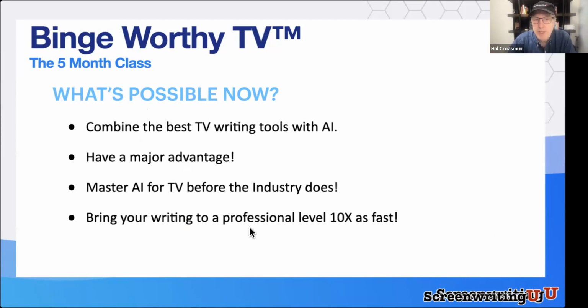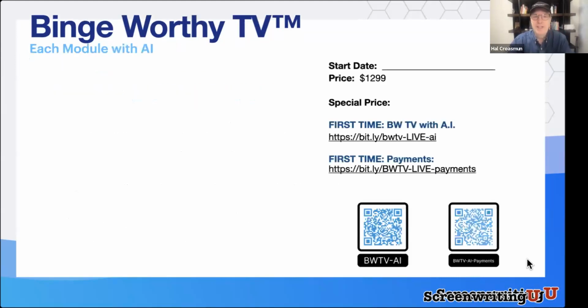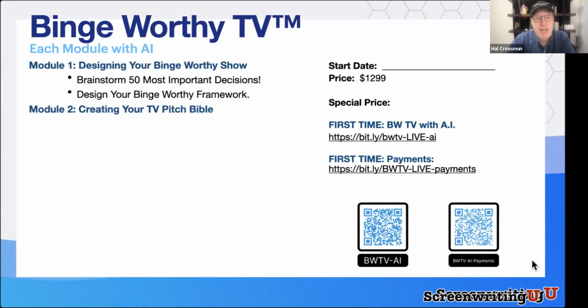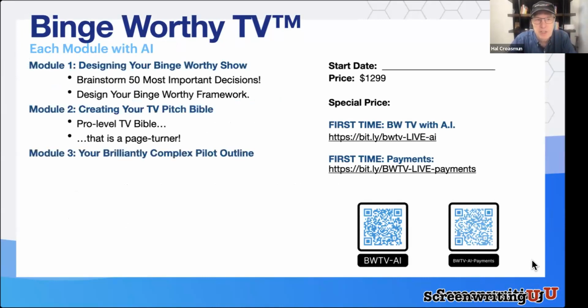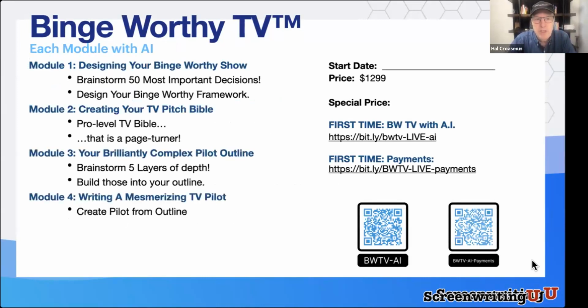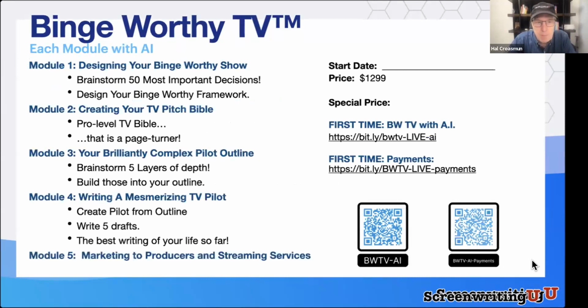This, by the way, is going to bring your writing to a level that's so much higher than you've ever experienced before. So you may be wondering, what's it take to do this? And I'd be asking this question: what would happen if I mastered all of these skills and was able to use AI competently with each one, right?